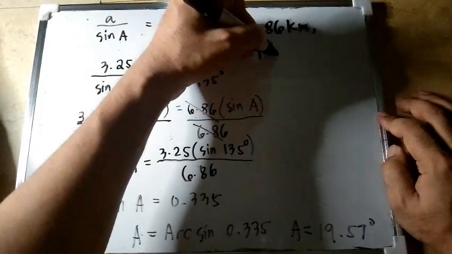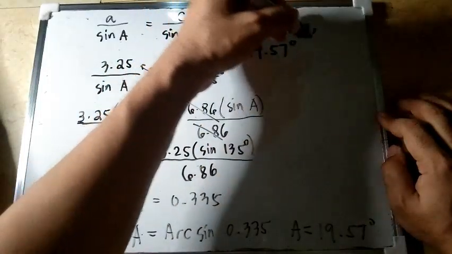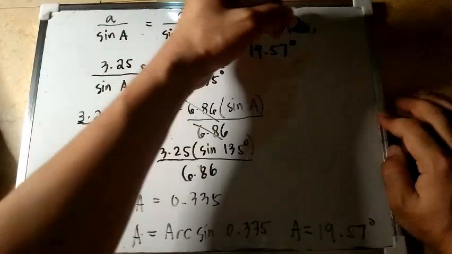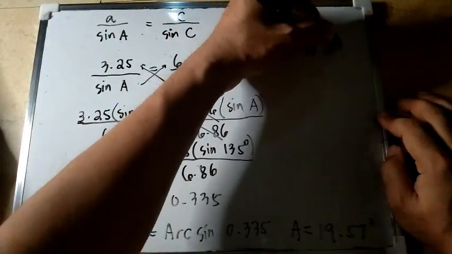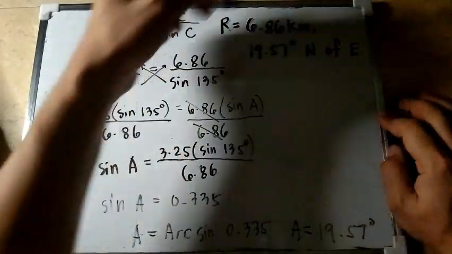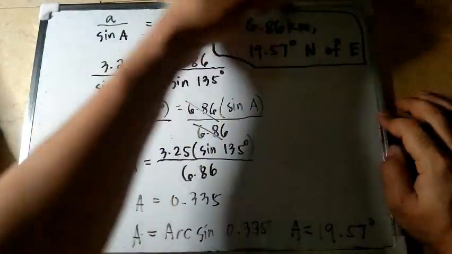Direction 19.57 degrees. So from east to north. So that is north of east. North of east. Okay? So that's it.